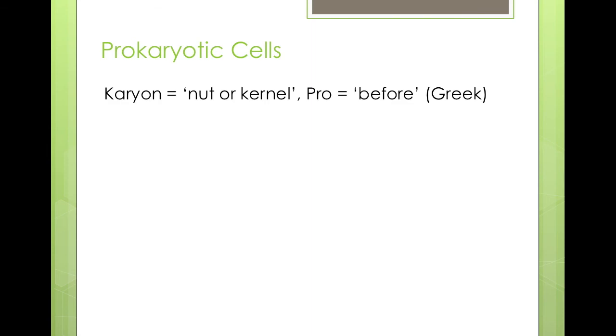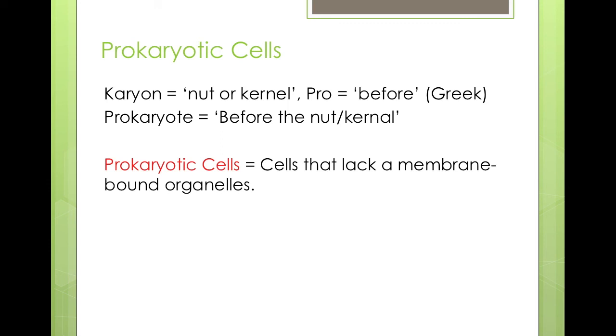Let me start with prokaryotic cells to give us a better understanding of eukaryotic organisms, which is what we are. The term karyon means nut or kernel, and the term pro means before. So if you put it together, prokaryotic means before the nut or the kernel. The nut or the kernel in this case refers to the membrane-bound organelles.